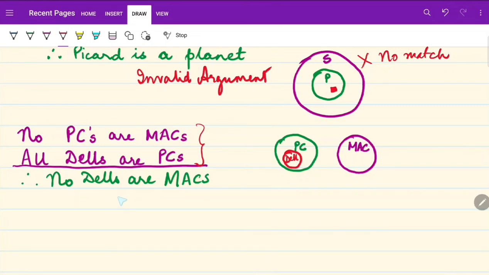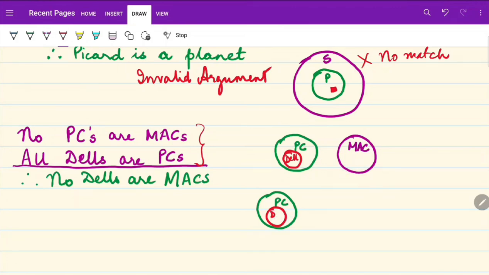Now let's draw the Euler diagram that will include the conclusion in it as well. All right. So it says no Dells are Macs. That's the conclusion. Again, let's draw the diagram. We will have one for PC. All right. Again, this is our PC. And then we have the circle or the set for Dells.